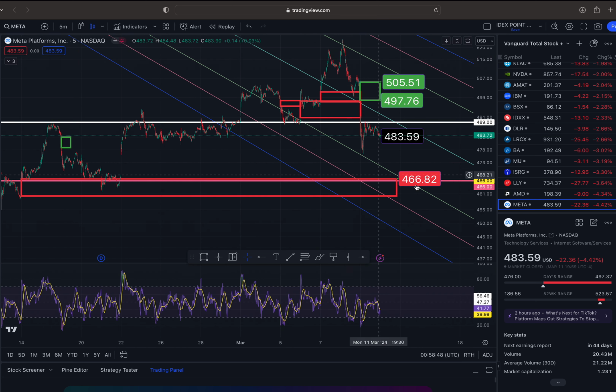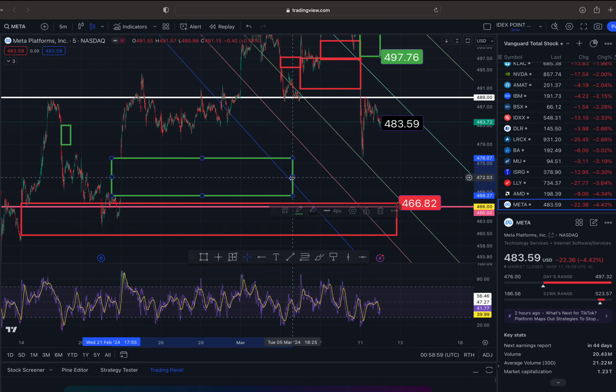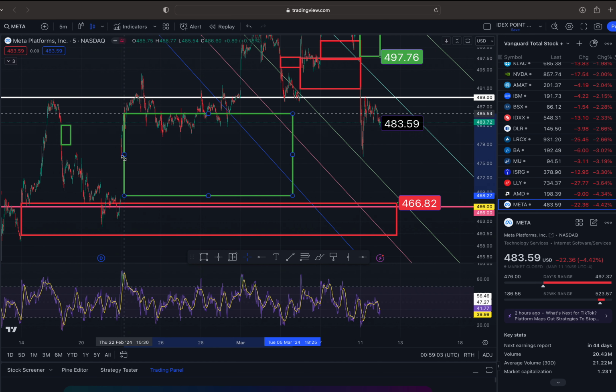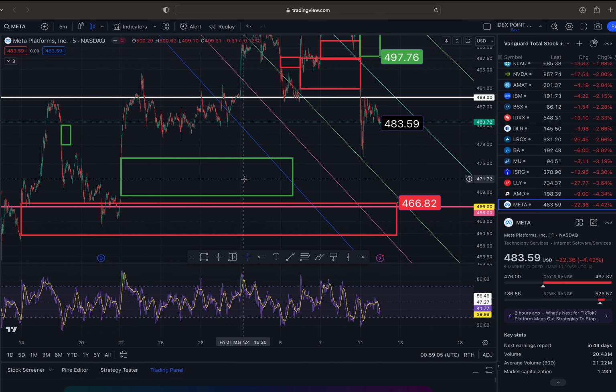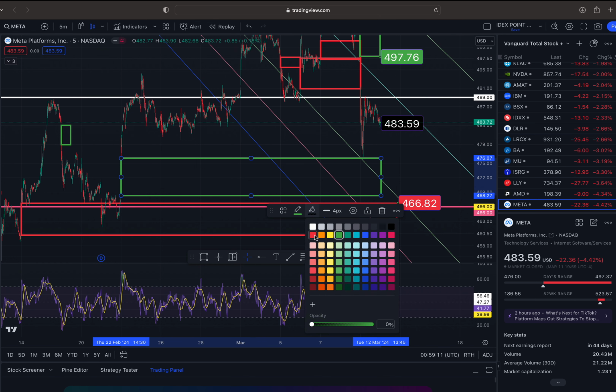Oh, we've got this one too. Wow. Very gappy here. So we gapped, we went up, so I anticipate price to fill to the downside whenever it does.